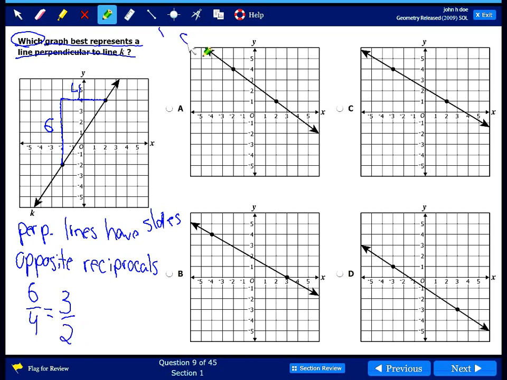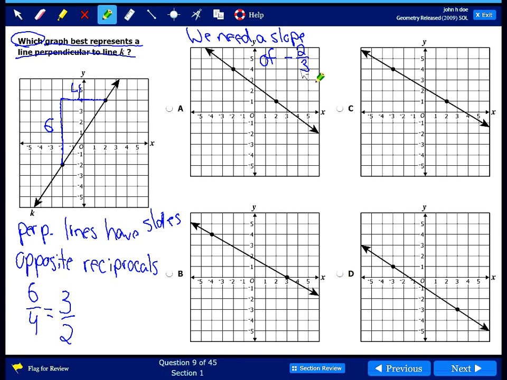So we need a slope of negative 2 over 3. So we take the reciprocal, 3 over 2, the reciprocal is 2 over 3.